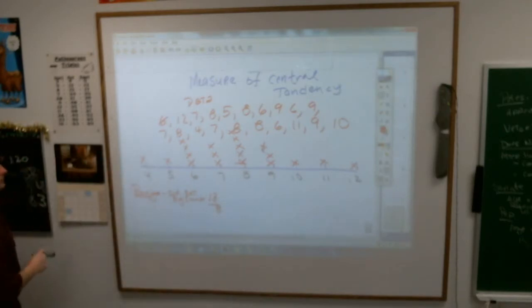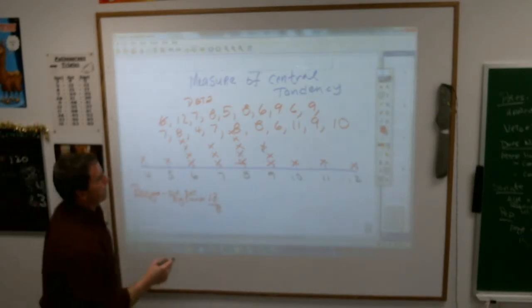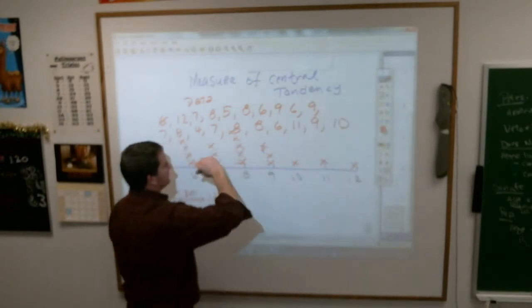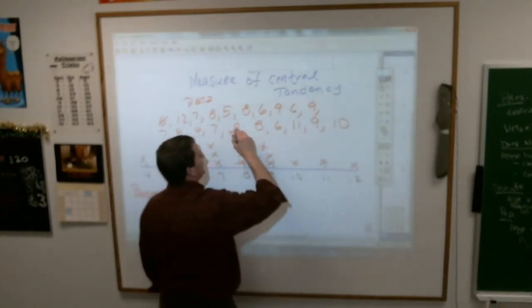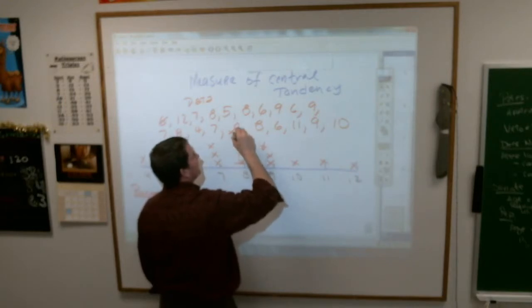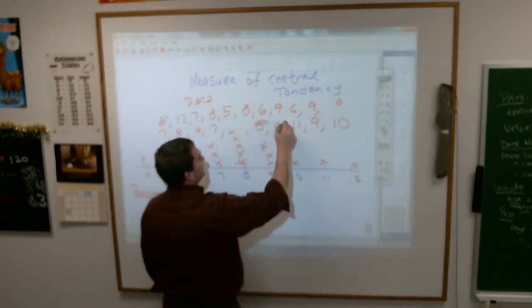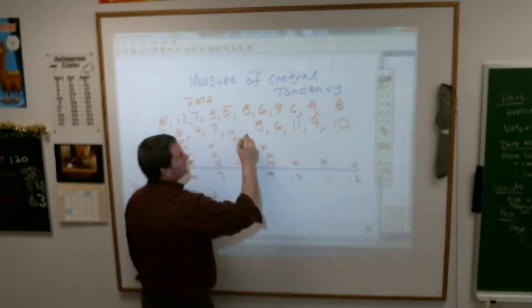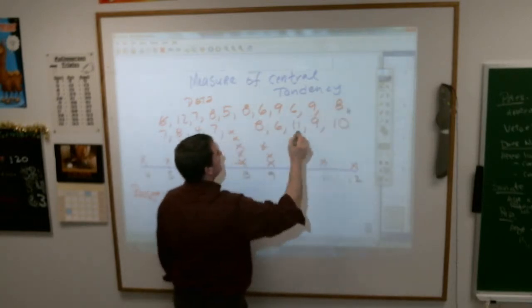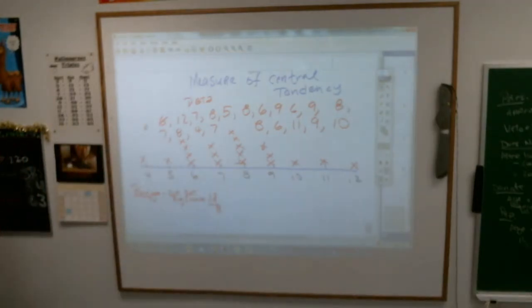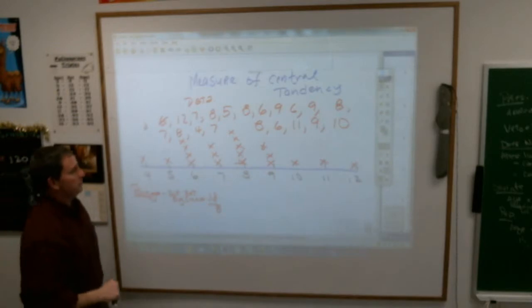Your line plot kind of look like that? Hopefully that's yours. I'm going to move this 8 out of the way so it doesn't get in the way of my combos. We've done line plots before, right? Yes, no big deal.